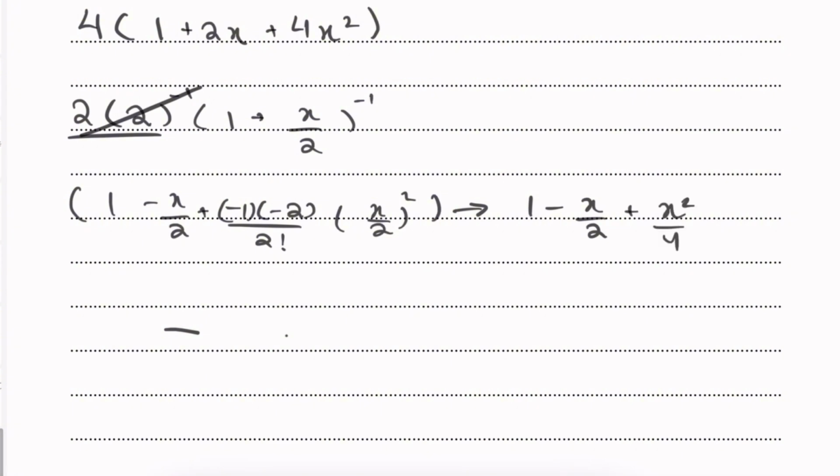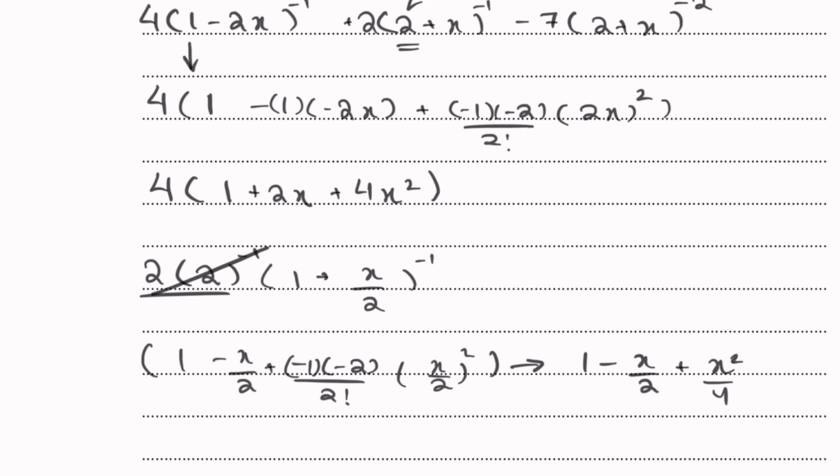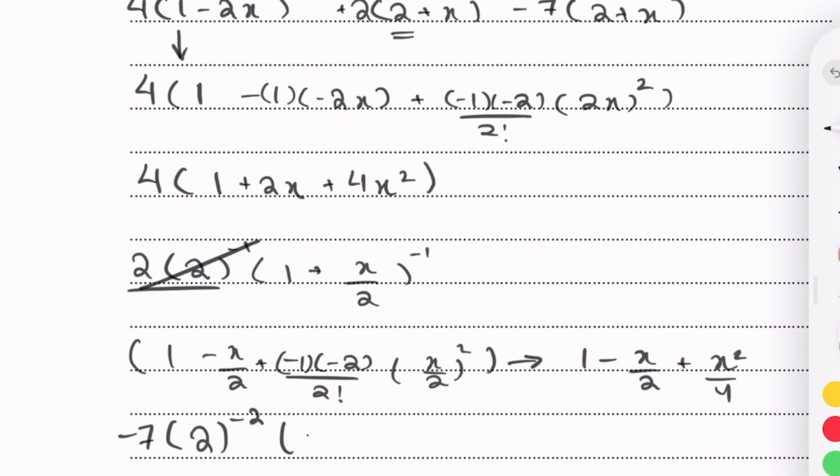For the last one, you're going to take negative 7. We're going to take 2 outside to the power of negative 2 times 1 plus x over 2, and the whole thing to the power of negative 2.